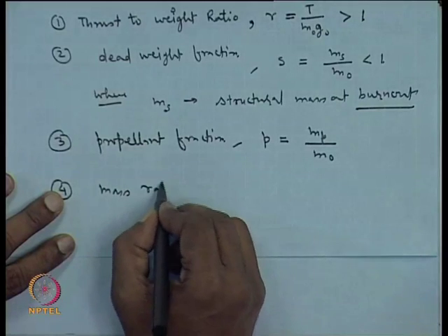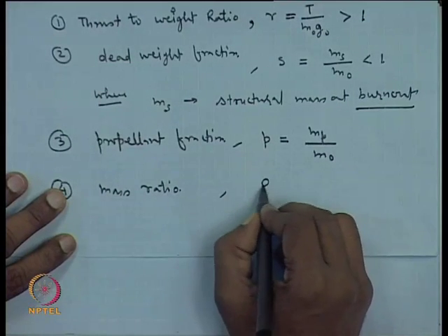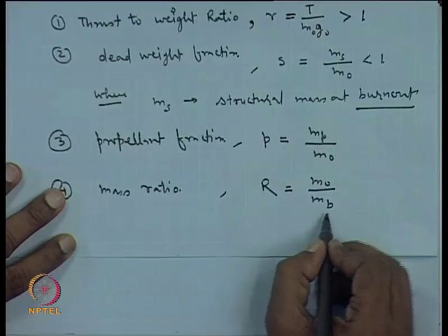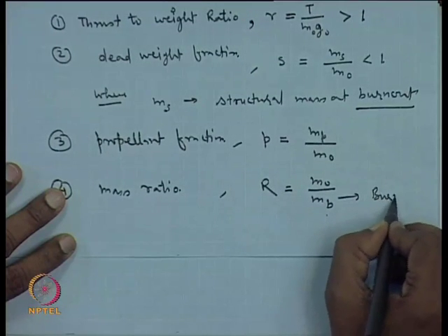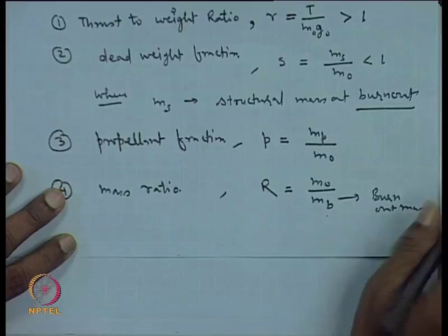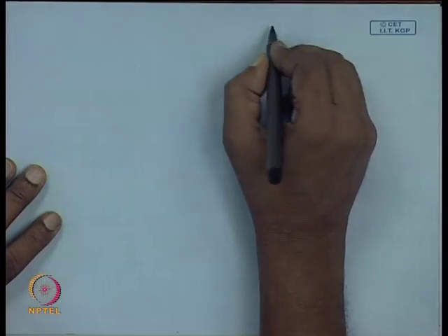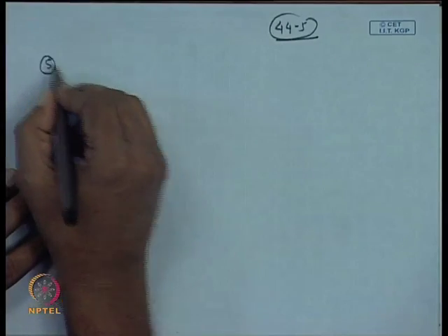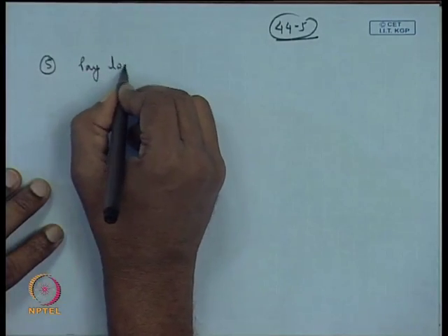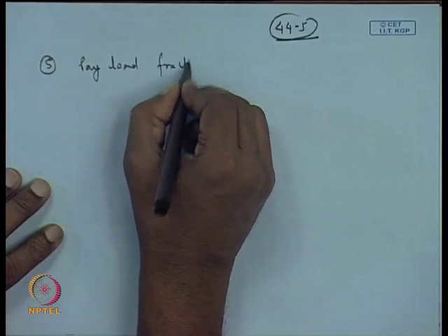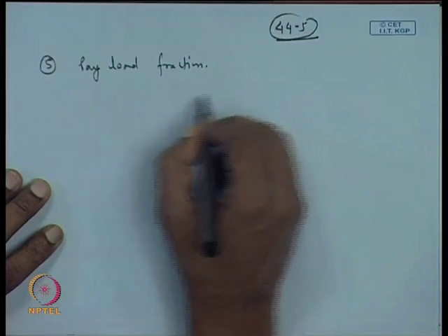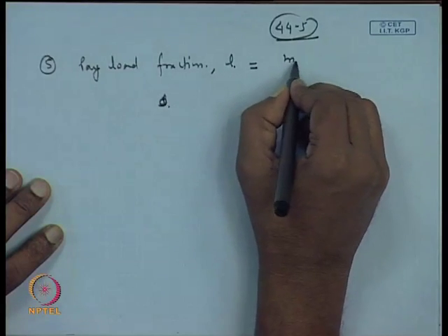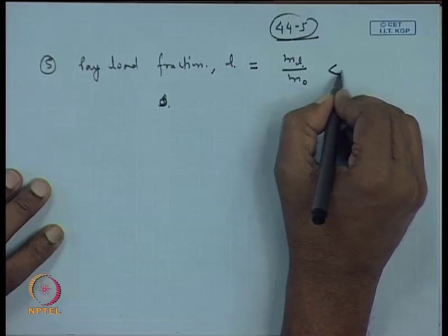Mass ratio already we have defined. This we write as R equal to m_0 by m_b, where m_b is the burnout mass. Then we define payload fraction as L, and this can be written as m_L by m_0, and this quantity is also less than 1.